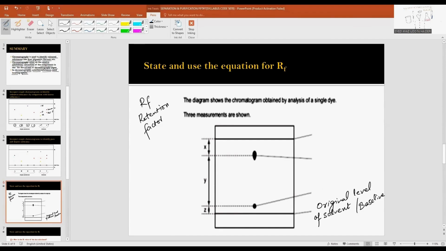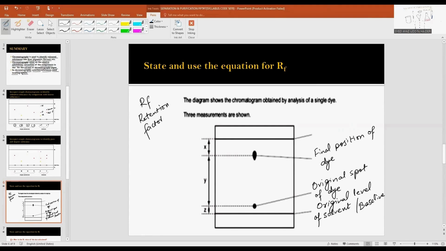Here is the original spot of dye, and the final position of dye. This is the final position of dye.